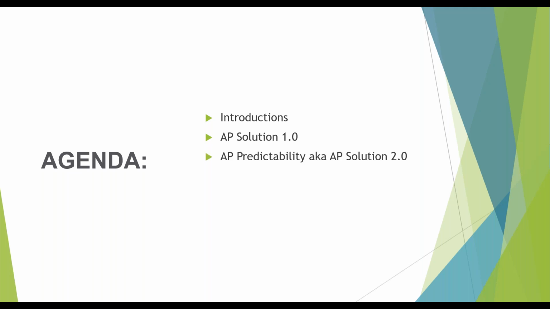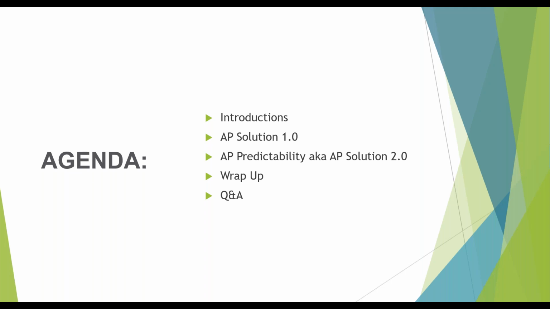And then we're going to look at AP Predictability, also known as AP Solution 2.0. We think that this new solution will be really helpful, especially for the C-level folks to be able to see where they're at with their payables and what needs to be paid and when. We'll wrap it up with a few questions, and then we are good to go with Q&A.